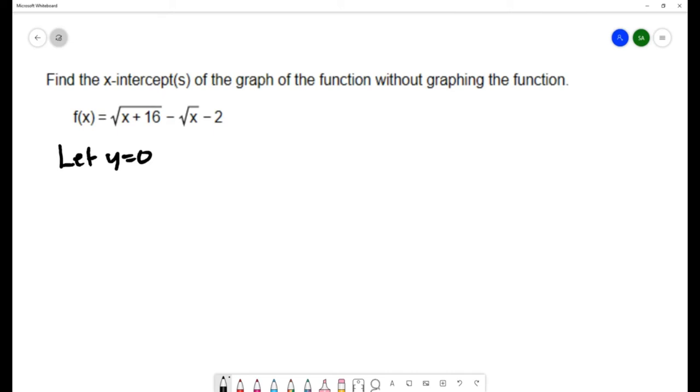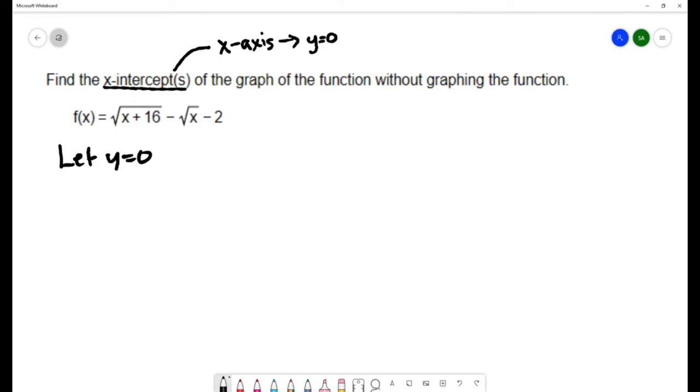Just to back up a little bit, an x-intercept is where the graph crosses or touches the x-axis. And the x-axis will have all of the y-coordinates equal to 0. So that's why we let y equal 0.